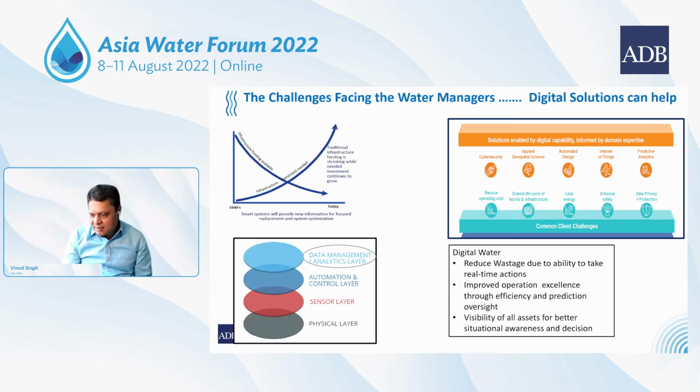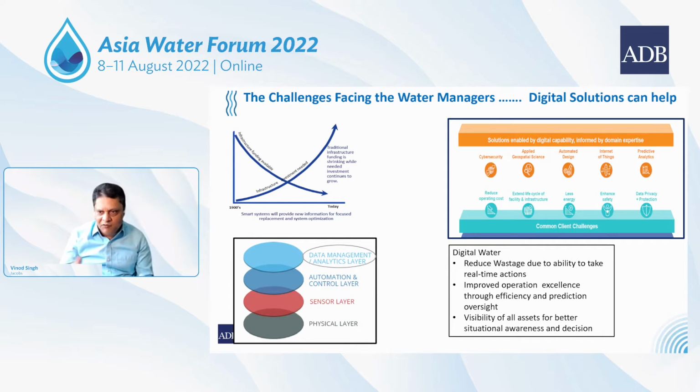And how do we do that? I think this requires a paradigm shift in addressing these challenges. Water operators are looking at reducing the operating cost, extending the life cycle of the existing infrastructure, or how do we stretch the existing infrastructure, less energy, enhance safety, data privacy and protection.